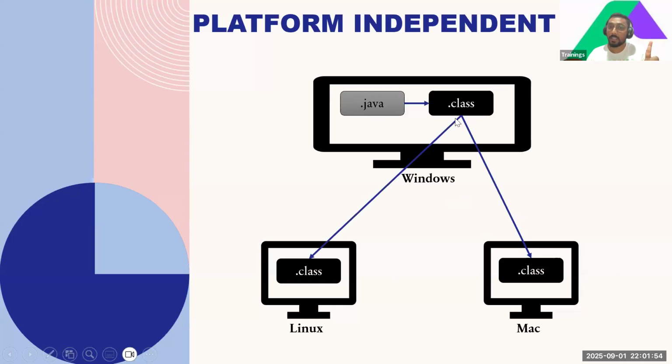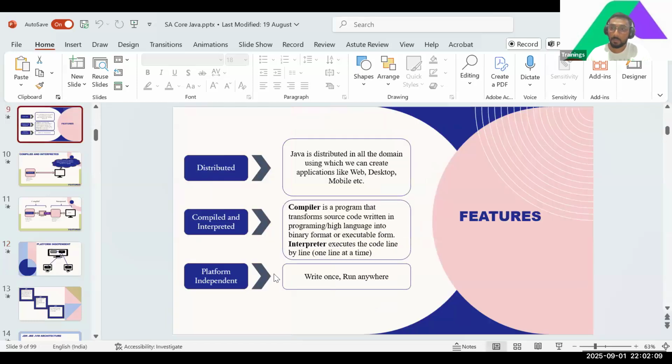Write once and run anywhere. We have to write only once and we can run it anywhere. That makes Java platform independent. Clear? Now, these are the two important features of Java: compiled and interpreted.